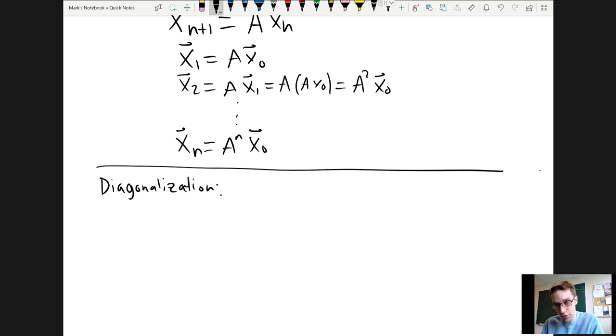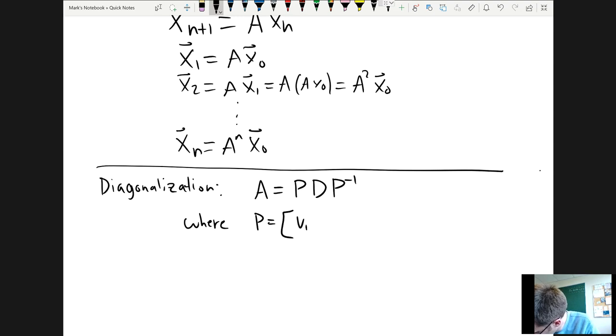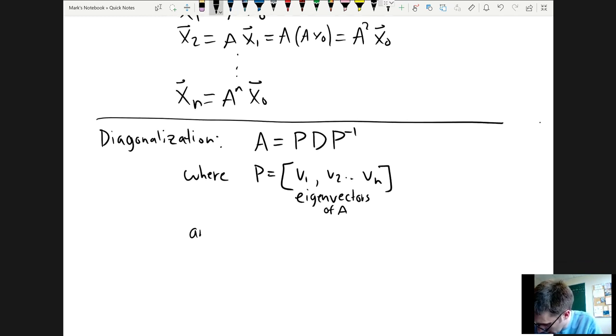In diagonalization, we say the following. A matrix A can be written in the form A equals some matrix P times a diagonal matrix D times the inverse of P, where P has columns v1, v2, up to vn, and these are called the eigenvectors of A. And D is the diagonal matrix that looks like lambda 1, lambda 2, all the way up to lambda n, with zeros elsewhere.